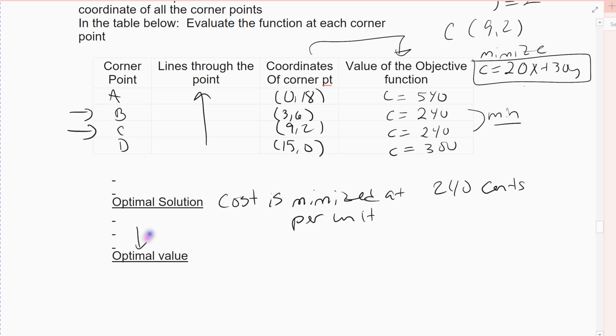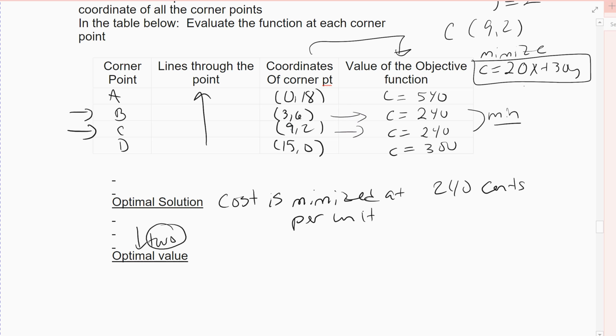But there are two outcomes. There are two ways to make that solution happen. So the minimum cost is 240 cents. Right? $2.40 per unit. You can write it that way too. But there are two options. So we have two options to make it happen.